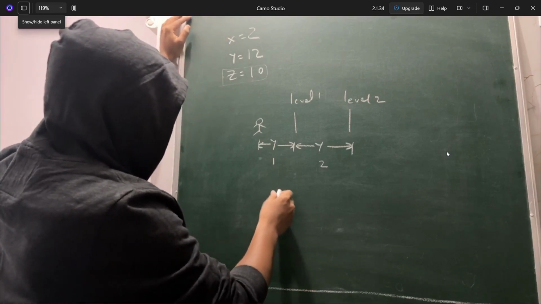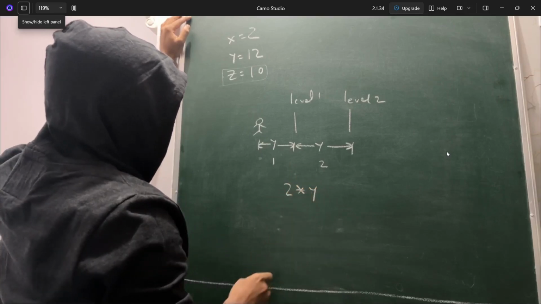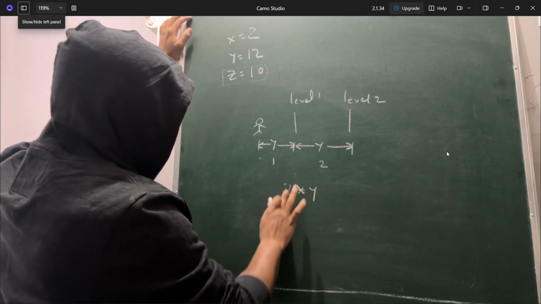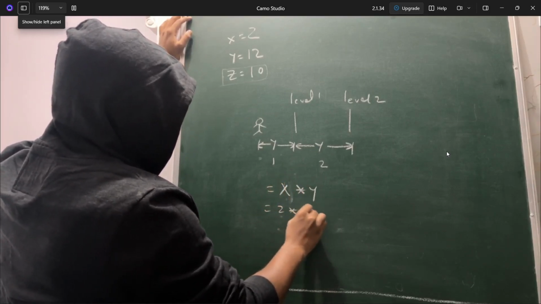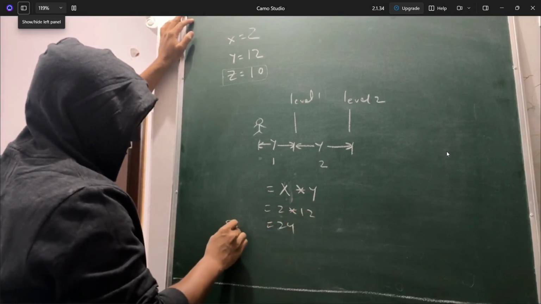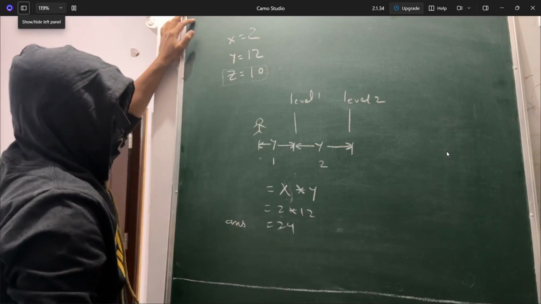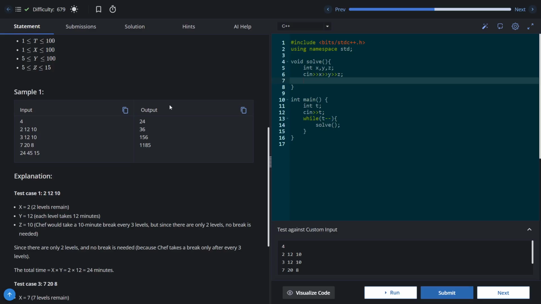So our answer would be 2 into Y, which can be written as X into Y. So 2 into 12 is 24, so 24 is the answer. Let's see if it is correct. Yes, 24 is correct.